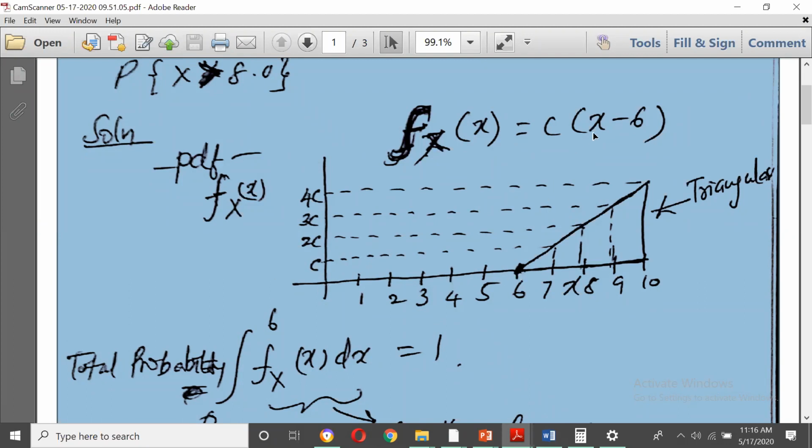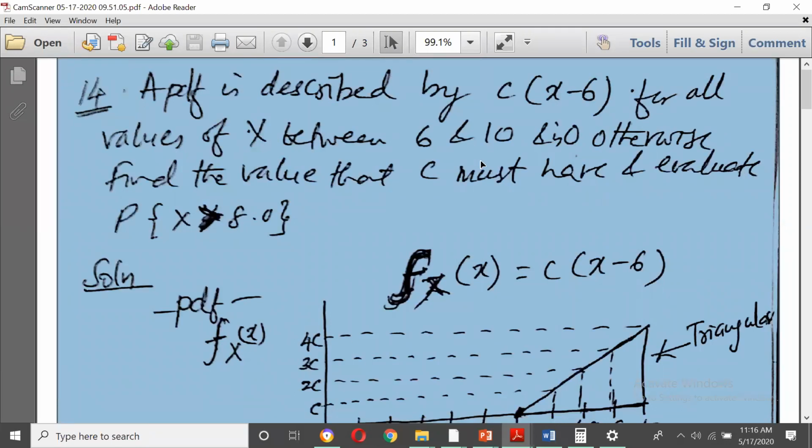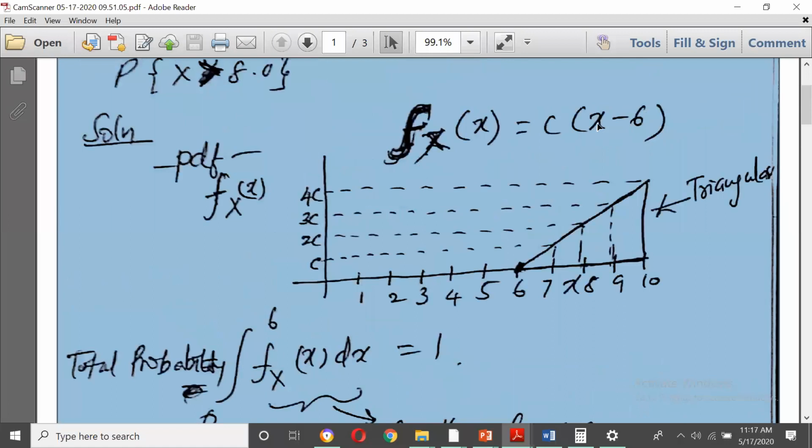Whereas after 6, we'll see, because we are given that between 6 and 10. So at 6, the value is 6 minus 6, which will be 0. At 7, it will be 7 minus 6, just c. At 8, it will be 8 minus 6, that is 2c.